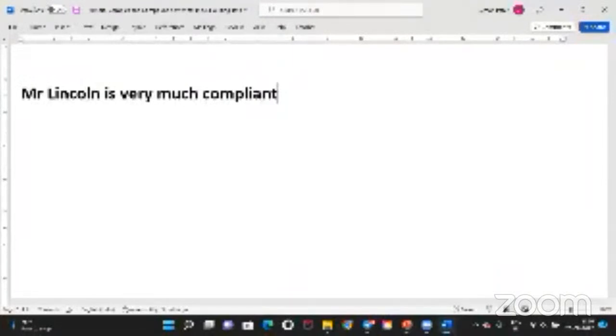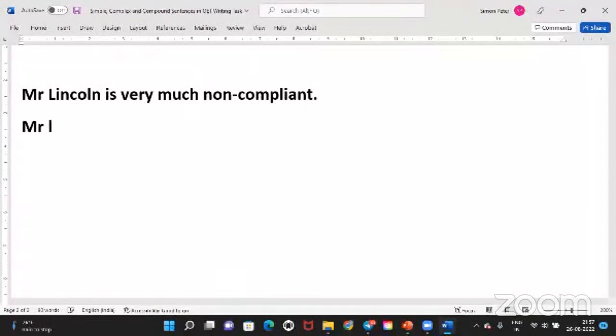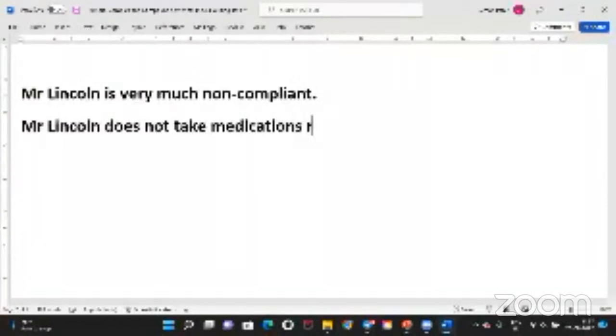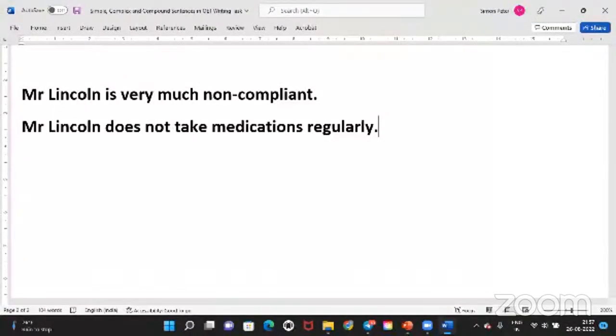These styles maybe you have not seen so far. Mr. Lincoln is very much non-compliant. Mr. Lincoln does not take medications regularly. He is non-compliant, so he does not take medications regularly. So that is the sentence which you can use in OET writing.